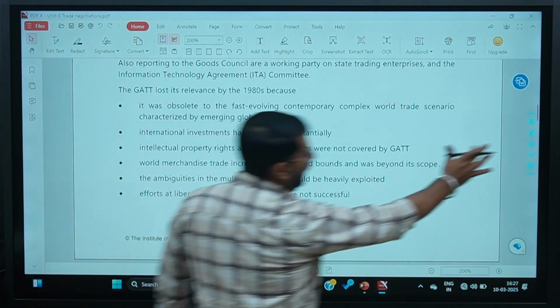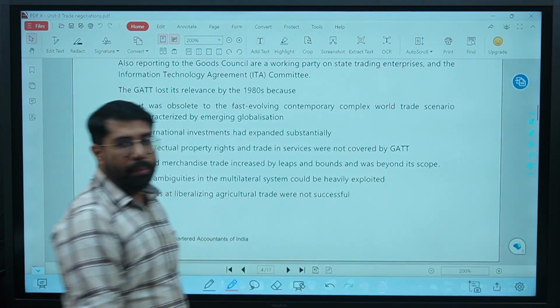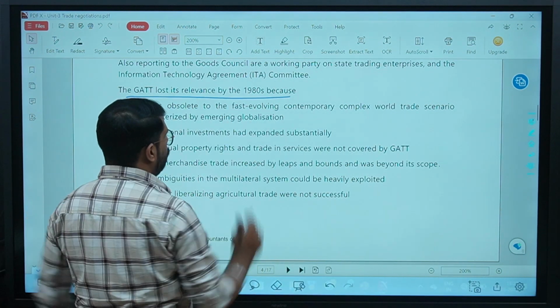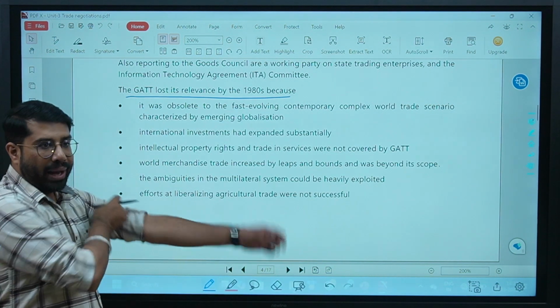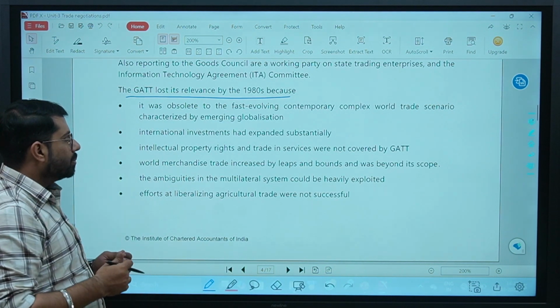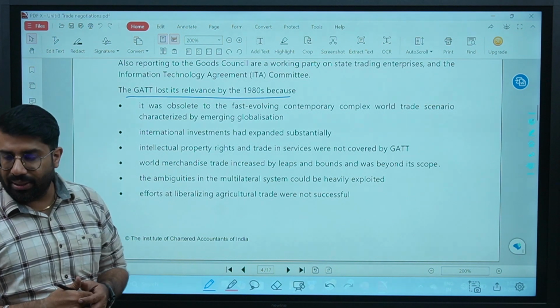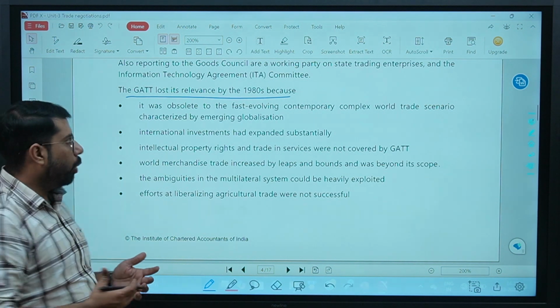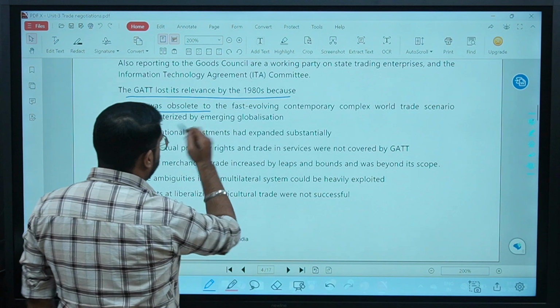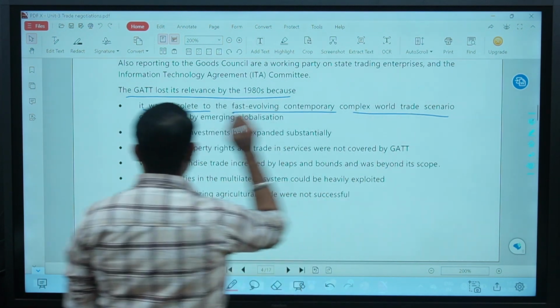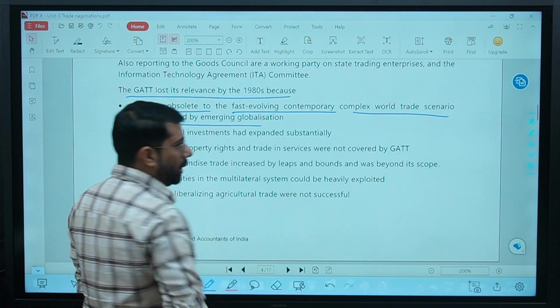It says in the 1980s, all the member countries of GATT thought that now GATT is no more relevant. Why? Because there were many complexities in GATT, many loopholes, many drawbacks. What were the drawbacks? First, it was obsolete to the fast evolving contemporary complex world trade scenario characterized by emerging globalization.